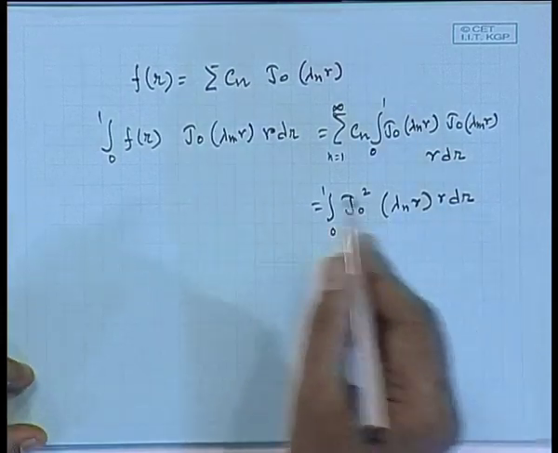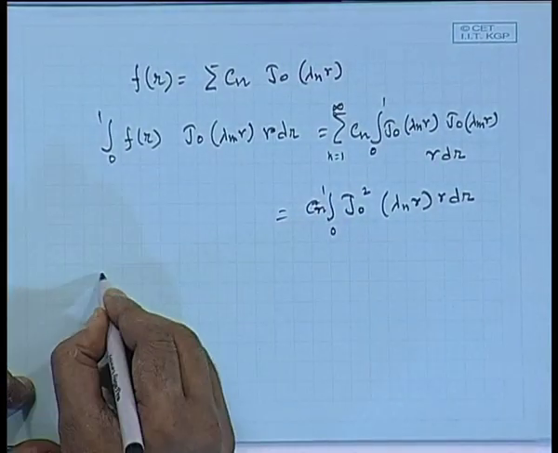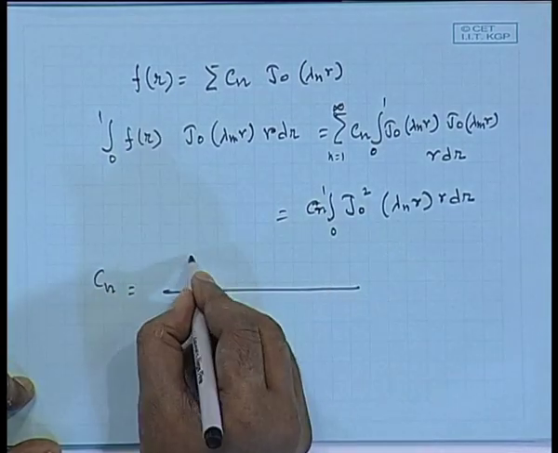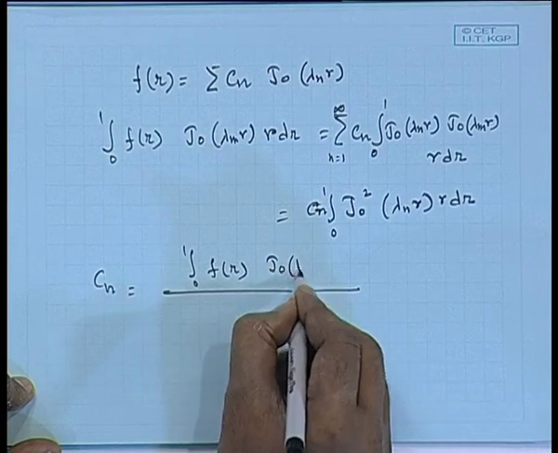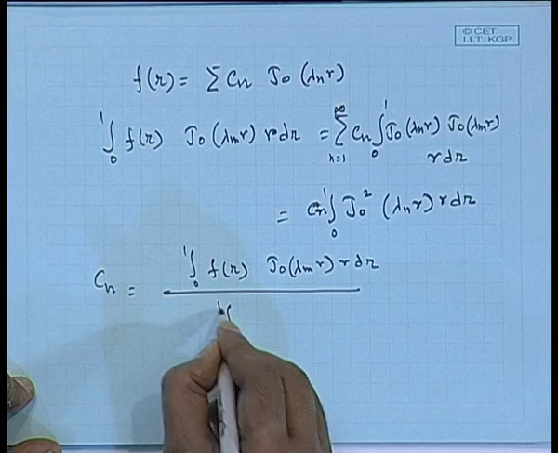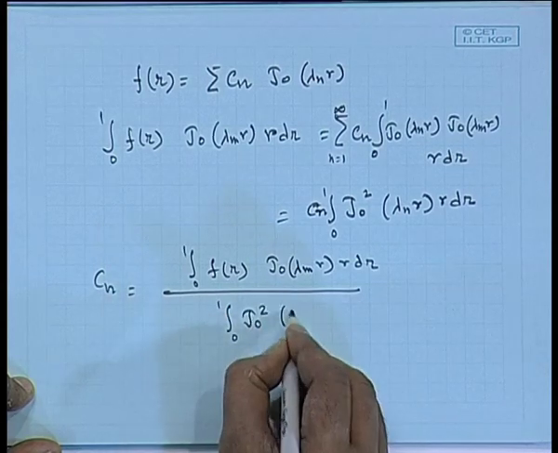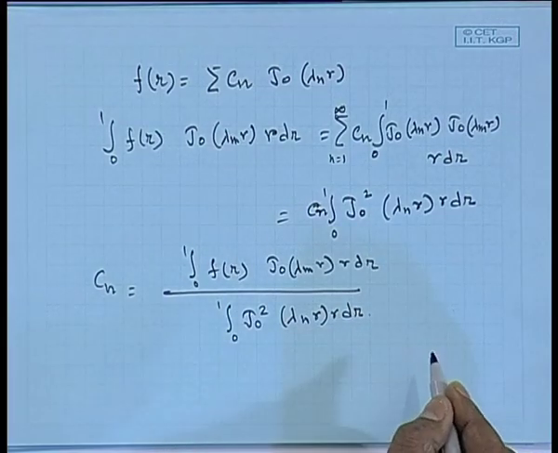Cn will be nothing but integral 0 to 1 F(r) J0 lambda m r, r dr divided by integral 0 to 1 J0 square lambda n r, r dr, right.